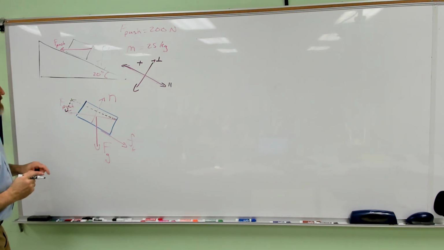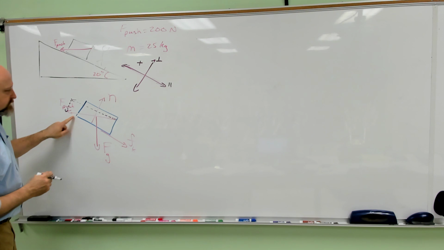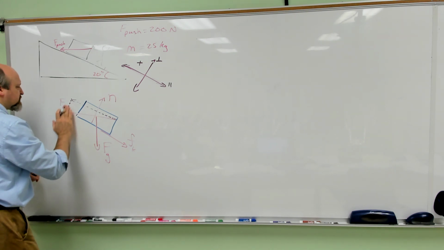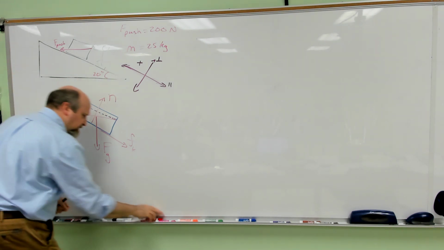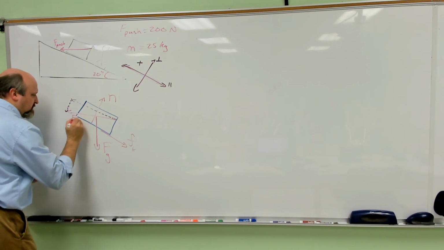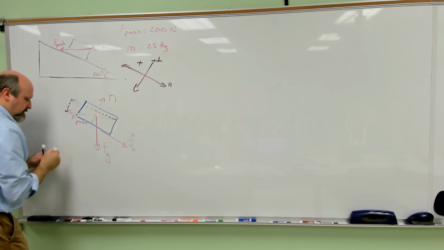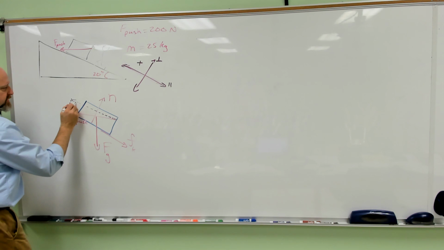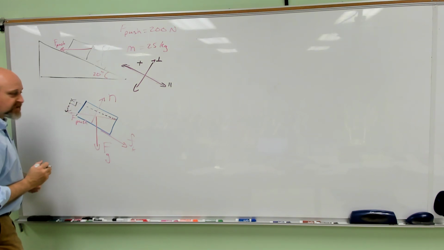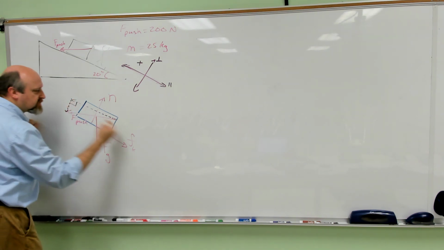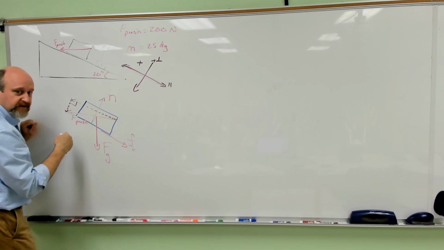So those are the components of this force push. I'm going to rewrite force push so it's at the hypotenuse here. My right angle is always between the components, right? Okay, I'm making sure I'm putting arrowheads in my components because we care about what direction these are in.